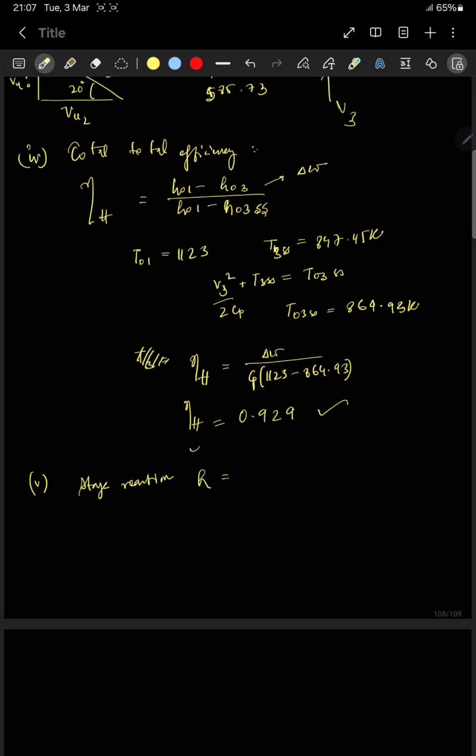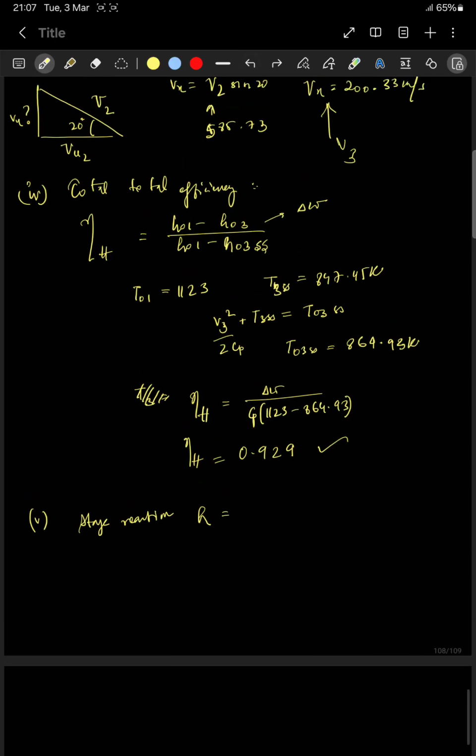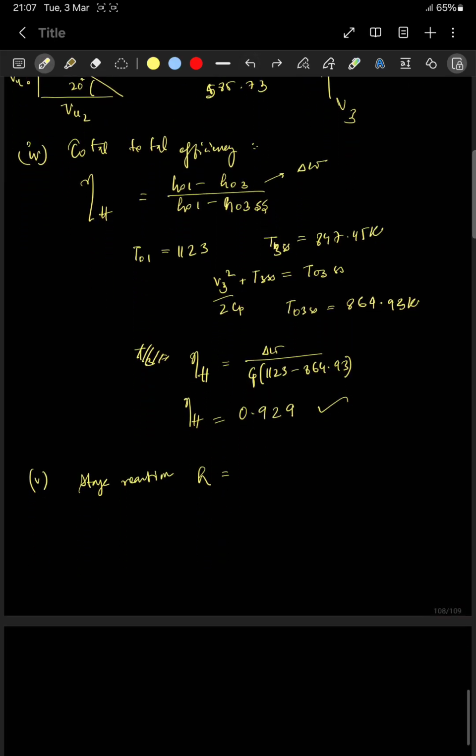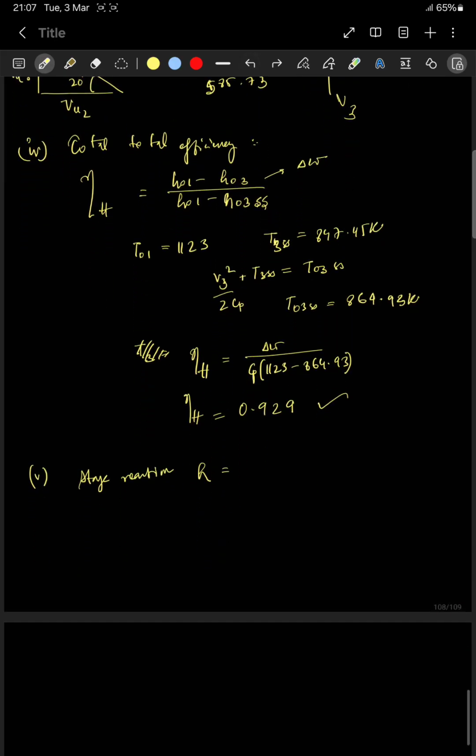The stage reaction R for a turbine is 5 by 2 into cot minus cot.